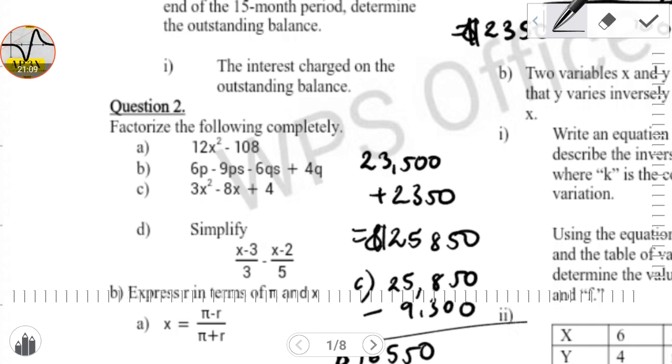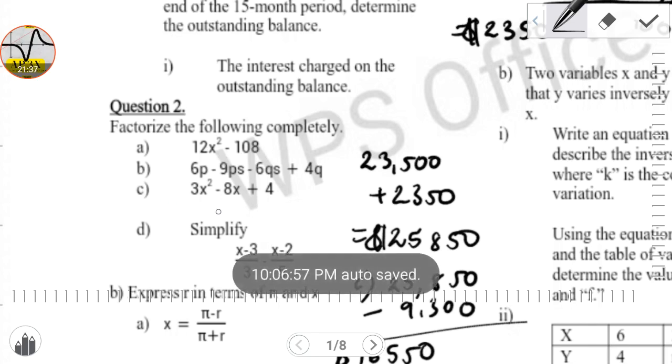All right, and there's always a feel or a look to these types of questions. For example, you can easily identify that part B here is a grouping question, because grouping factoring questions most likely have 4 terms. Okay, 4 terms. So you have to be very good at factoring by grouping to get the answer for part B. Part C is a very, very renowned question.